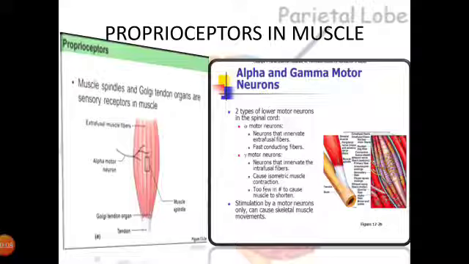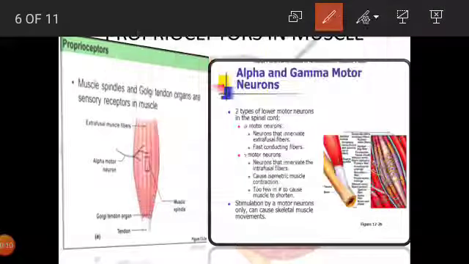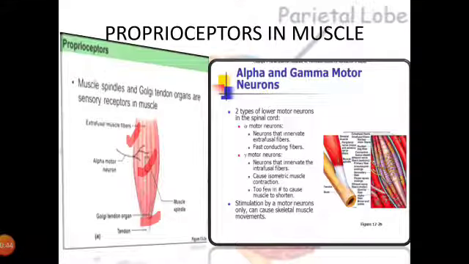Here we can see that the periphery of the muscle fibers forms the extrafusal fibers and the central part forms the intrafusal fibers. These intrafusal fibers together form the muscle spindle, which is one type of proprioceptor, whereas Golgi tendon organs are located in the tendons, which connect muscle to underlying bony structures. So we have two types of proprioceptors, muscle spindles and Golgi tendon organs.